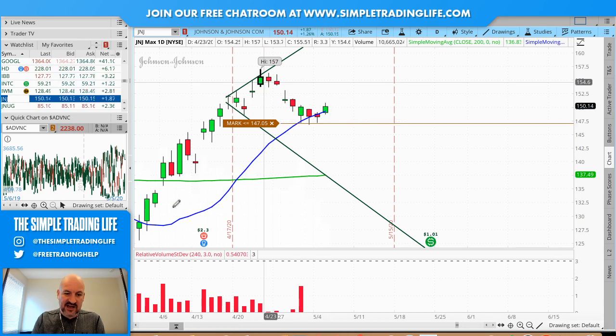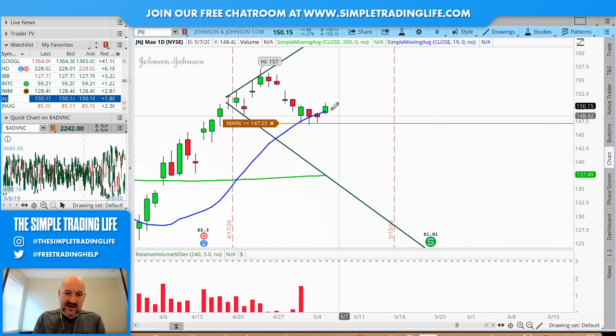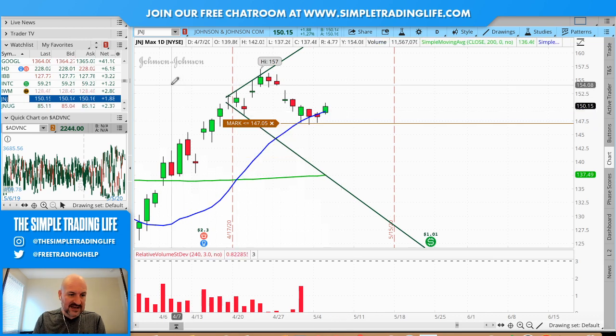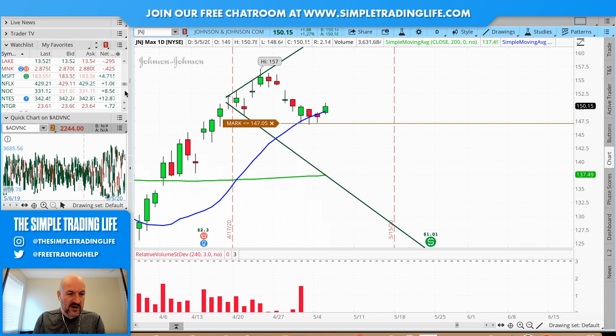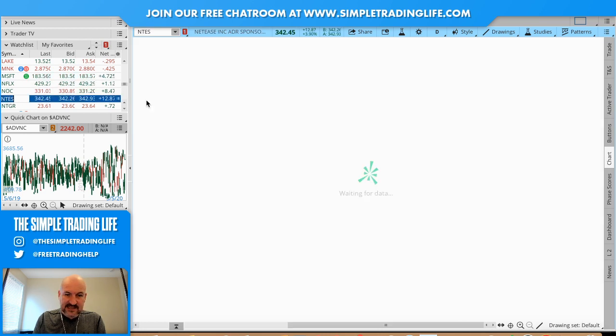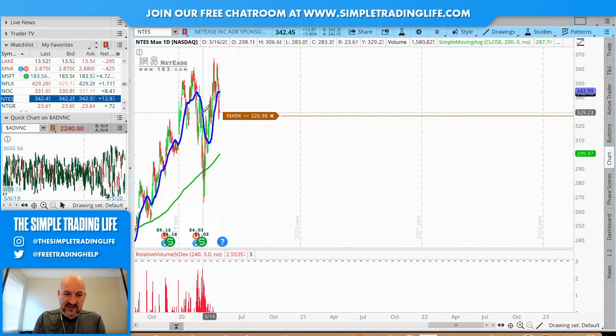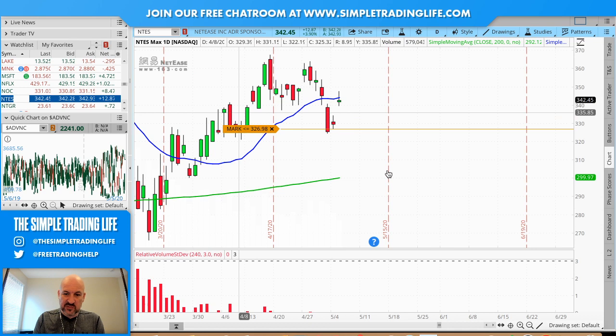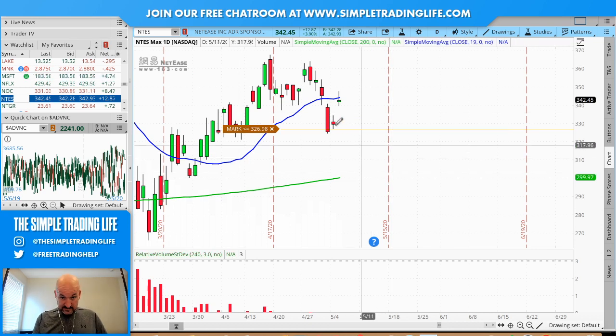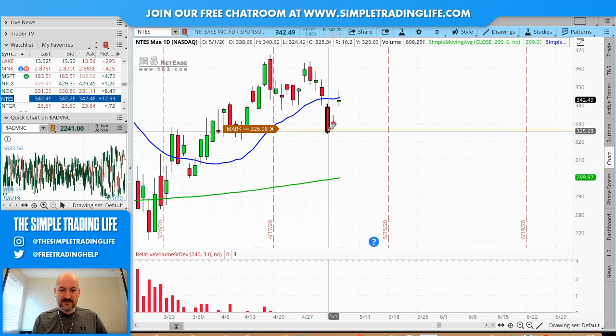As you can see, it's a fairly normal candle size. So another winner right off the watch list. Let's see here. Oh yes, NetEase. This was on the watch list, and this was a big winner from this morning. So inside candle. We don't care which direction it goes. Look at that big gap up.